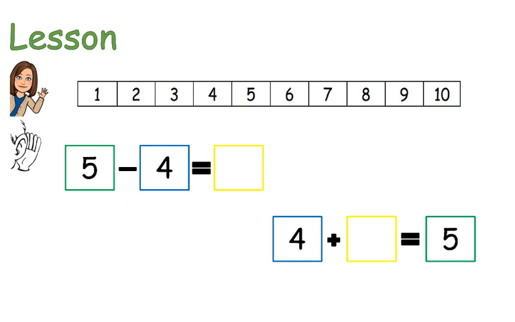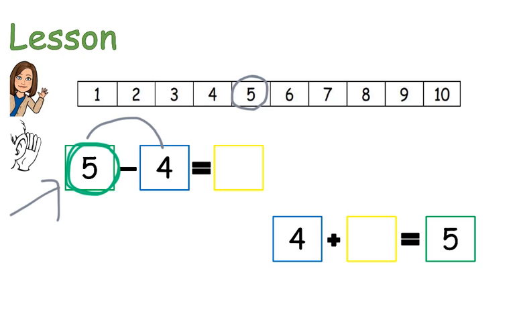Let's do an example. Here's our first one. So I'm going to look at it as subtraction first. Our total is 5, so I'm going to go ahead and circle the number 5. And then we need to take away 4. So I need to know what happens when I take away 4.